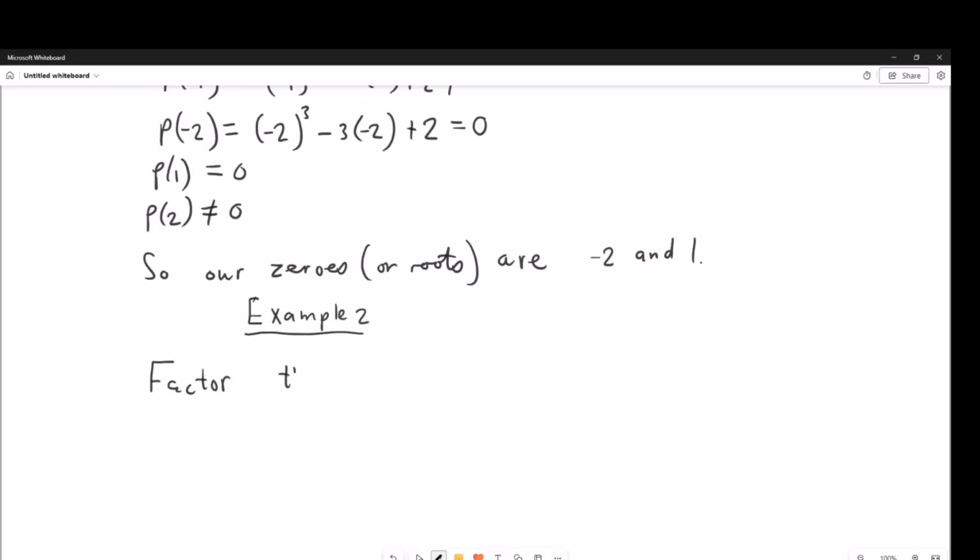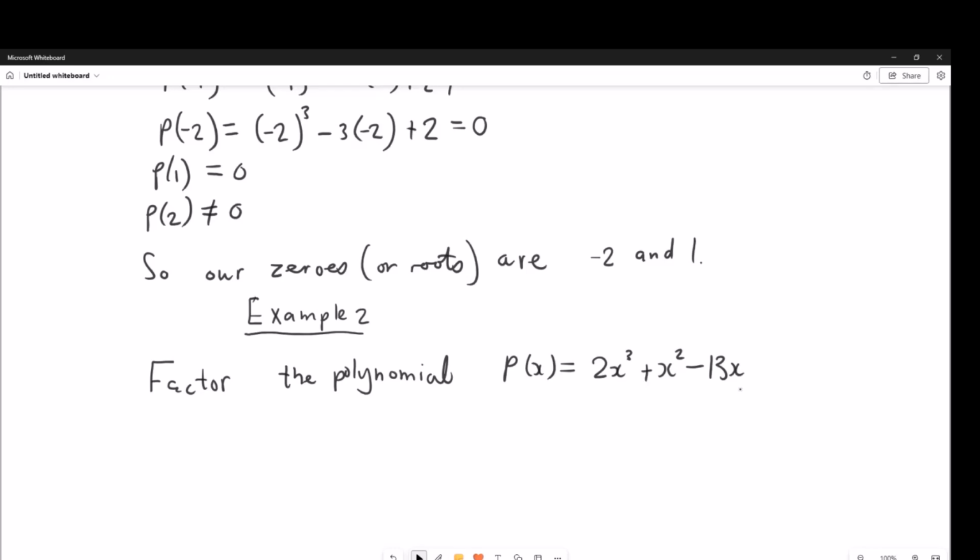So P of x is given as 2x cubed plus x squared minus 13x, and the last term is plus 6.